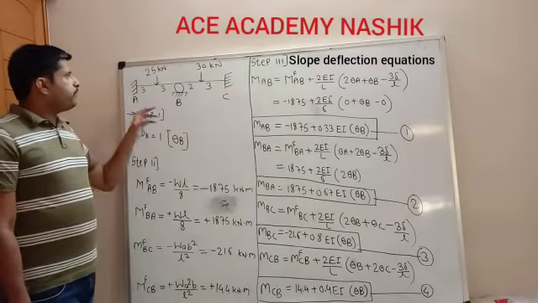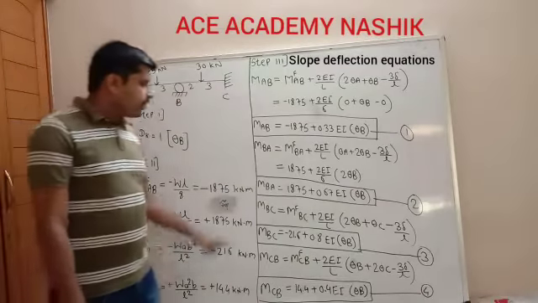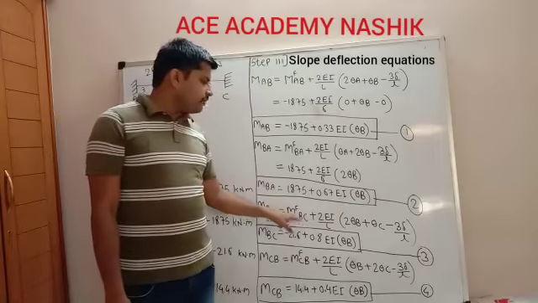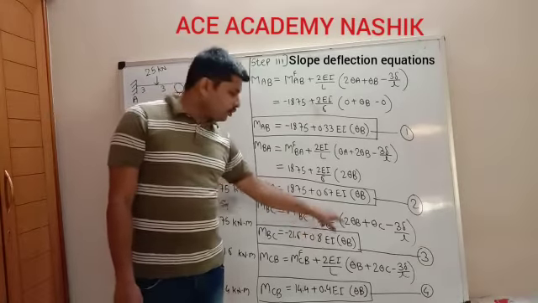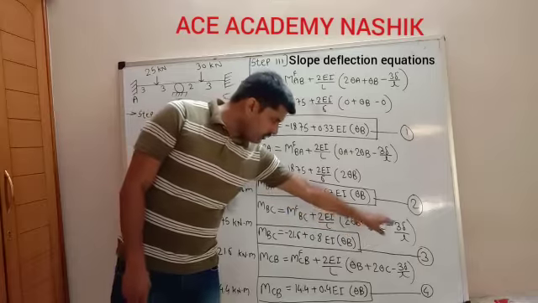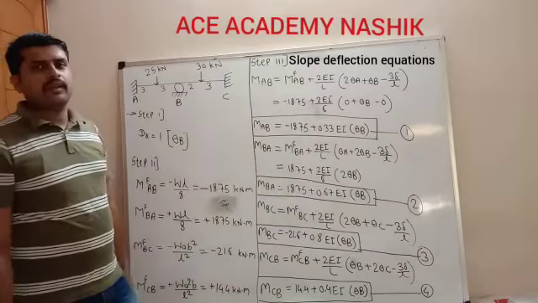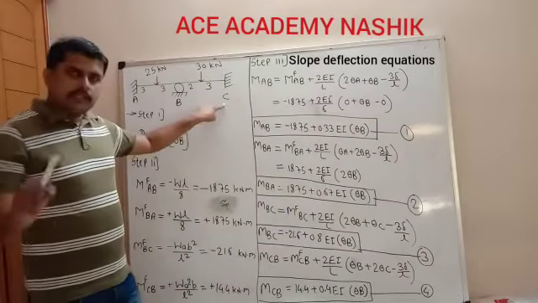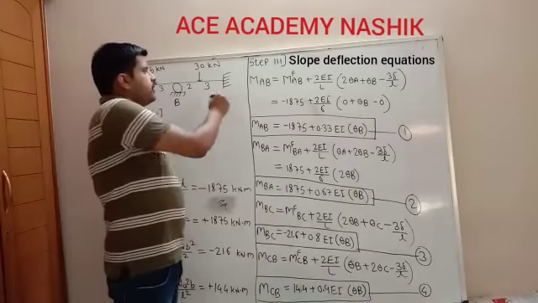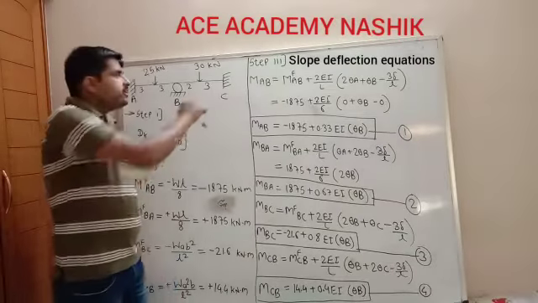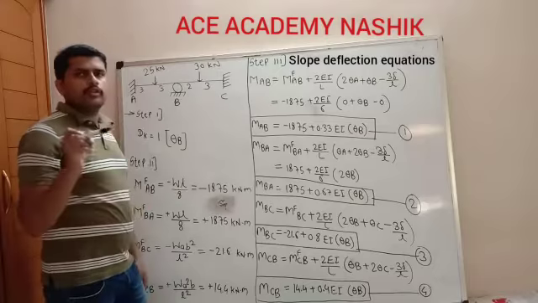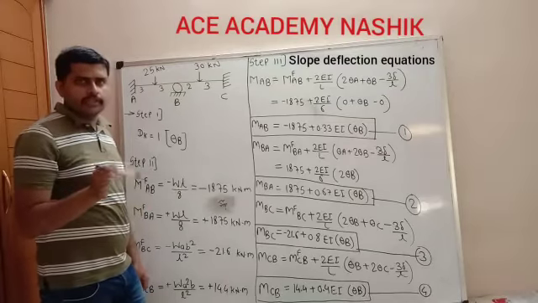For span BC, we can write MFBC plus 2EI upon L, 2 into theta B plus theta C minus 3 delta by L. Here, theta C is also 0 because C is a fixed support, so the rotation at joint C will be 0.